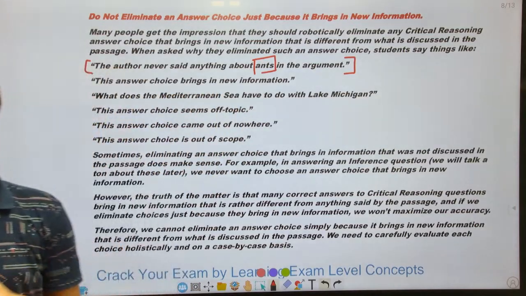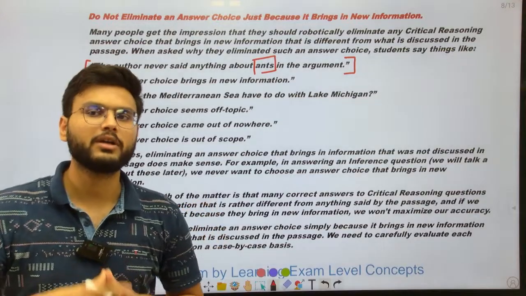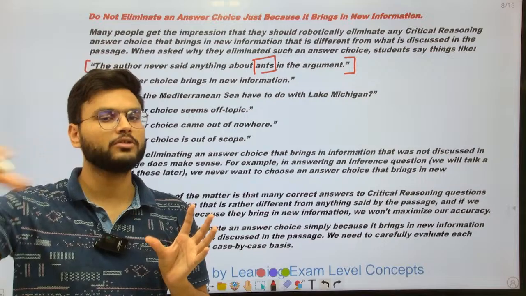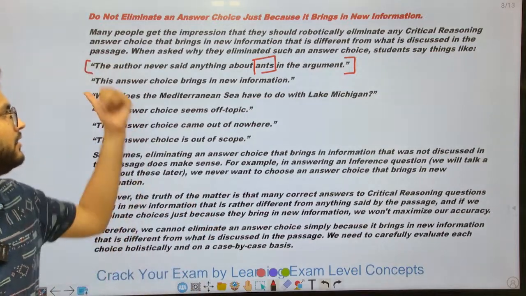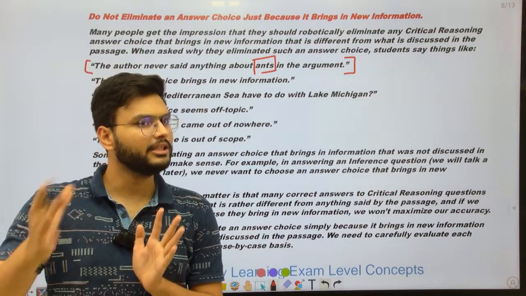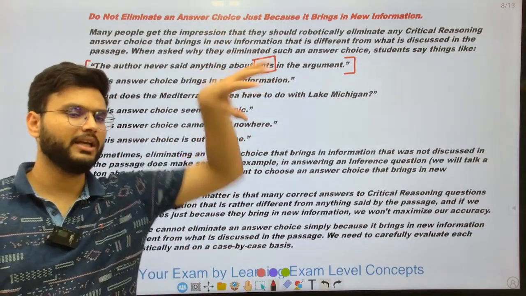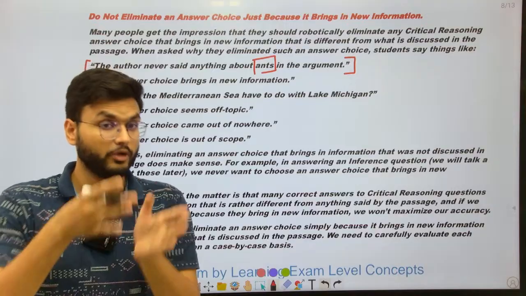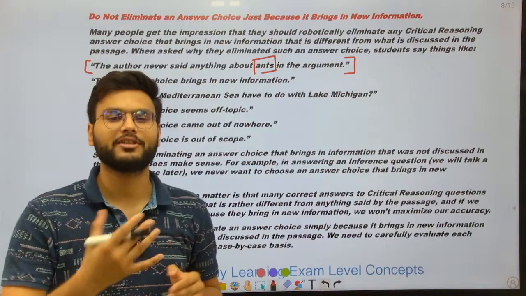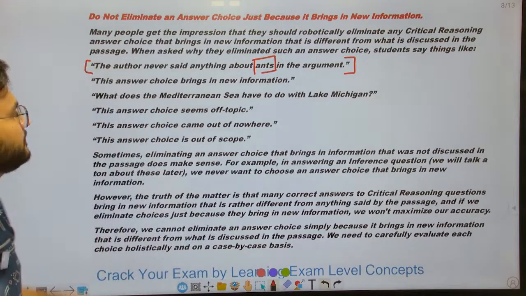Now people start to say it was not discussed. But what if there is a common element which connects somewhat to both the species or both the animals? It means I cannot just eliminate because the passage is about B and I am talking about ant. No, you have to first understand, is it really irrelevant or does it have some logical implication? We need to look for it.